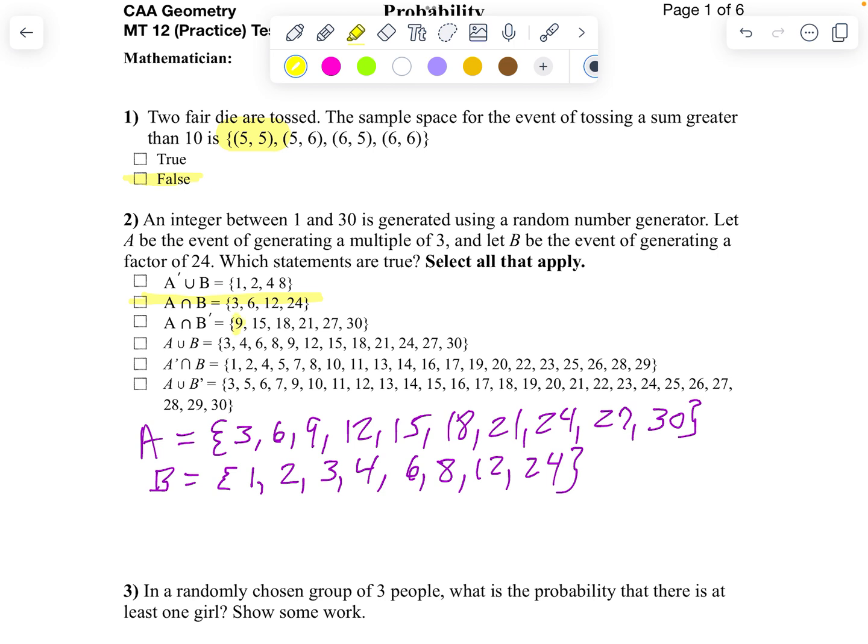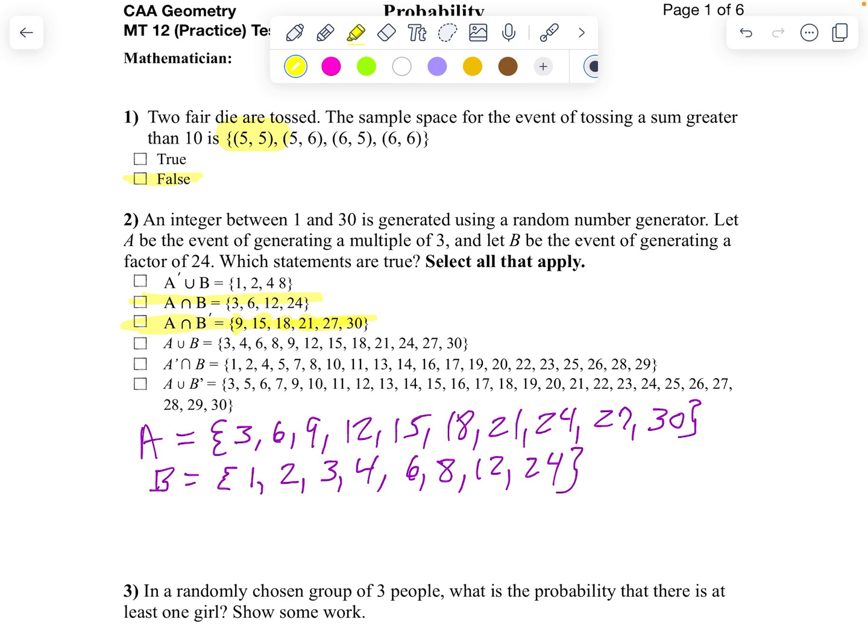Is 15 in B? No, but it's got to be in A. So it's in A and it's not in B. That works out. 18 is in A, but it's not in B. That one works out. 21 is in A and not in B. That one works out. 27 and 30. Oh, so that one works. So A intersect the complement of B is also correct.